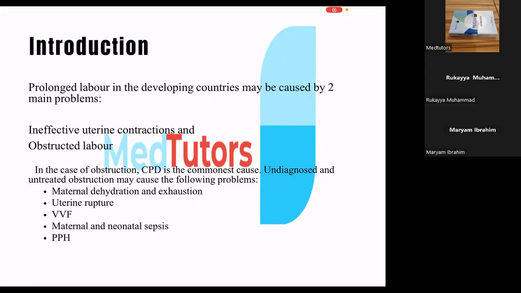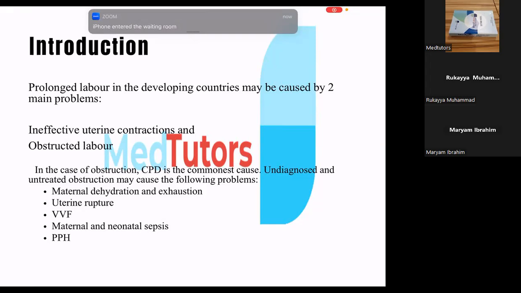Then in the case of obstructed labor, cephalopelvic disproportion is the commonest cause of obstructed labor. So when it remains undiagnosed and untreated, it can result in several complications. Some of these complications that can occur as a result of obstruction include maternal dehydration and exhaustion. And the last thing you really want in a woman who is in labor is dehydration and exhaustion.